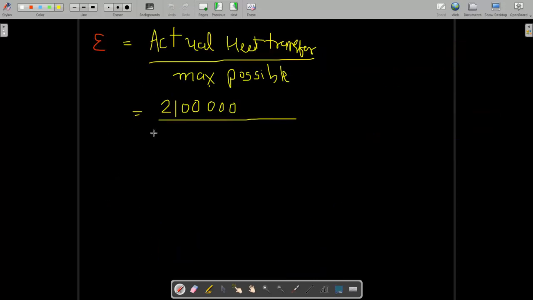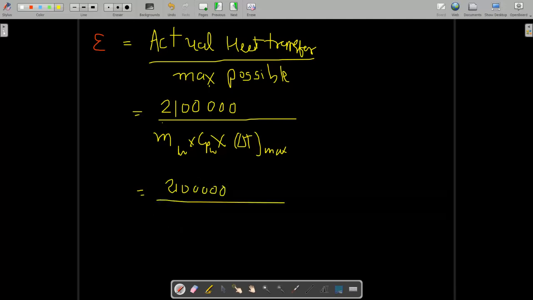So the maximum possible heat transfer is the mass flow rate of the water times Cp of water times the maximum possible delta T. The actual is 2100 megawatt, so we will convert into kilowatt. Mass flow rate is 3.4 into 10 raised to 4, Cp is given to us as 4.18, and the maximum temperature difference is 30 degrees Celsius.